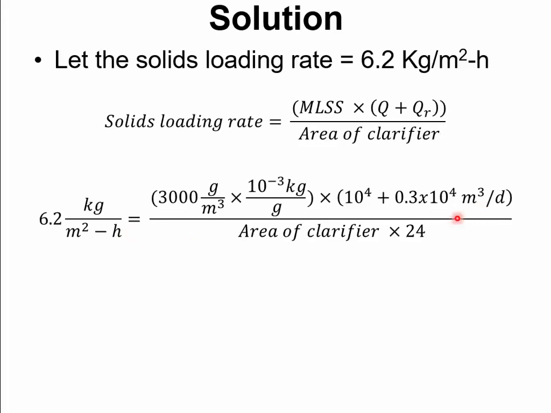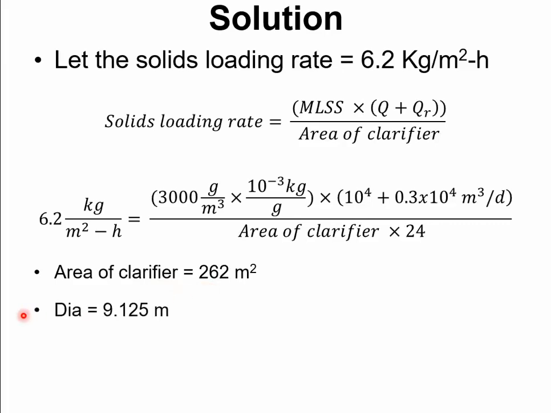So to convert this cubic meters per day to cubic meters per hour, you further divide it by 24. So from this, the area of the clarifier after solving comes out to be 262 square meters, and you can find the diameter from this, 9.125 meter, and perimeter of this circular sedimentation tank would be 57.4 meters.